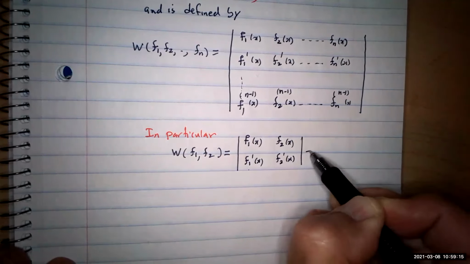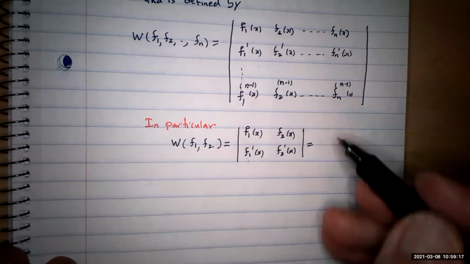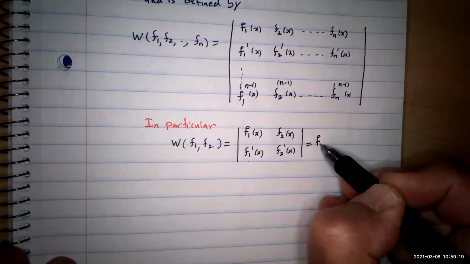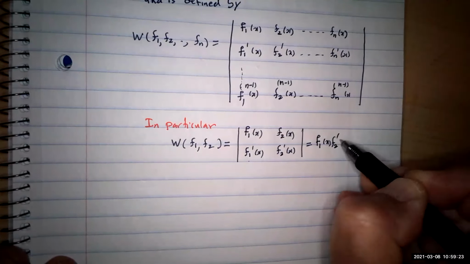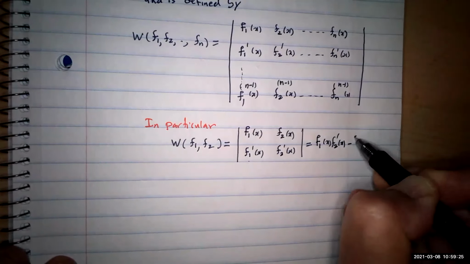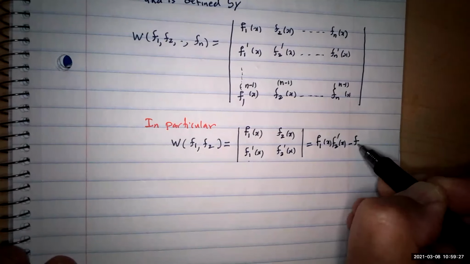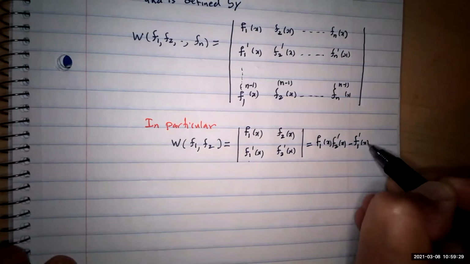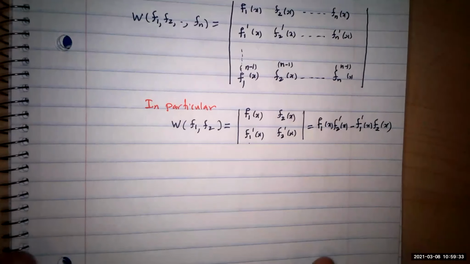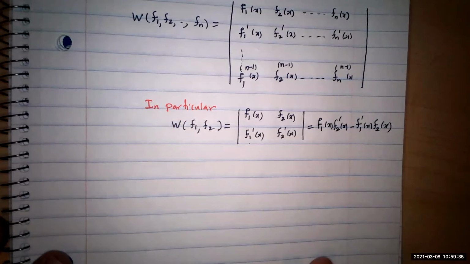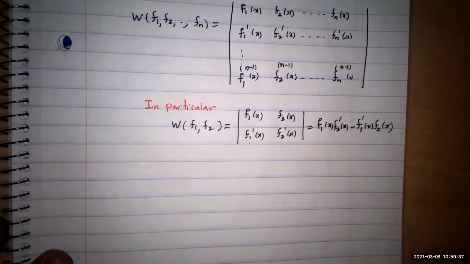If you find the determinant, you cross multiply, so that gives you f1 of x times f2 prime of x, minus f1 prime of x times f2 of x. It's very popular also in calculus 3. And we need it for the 3 case.